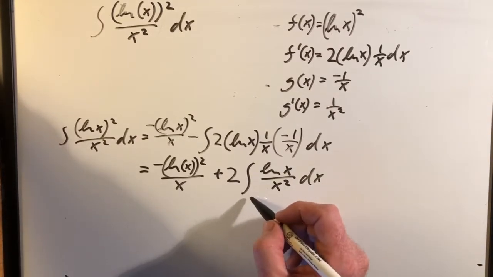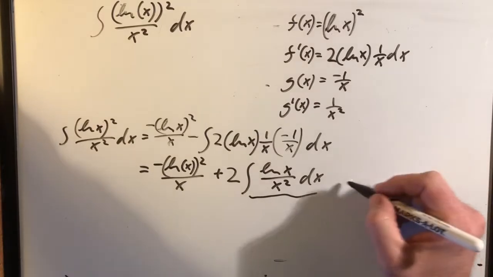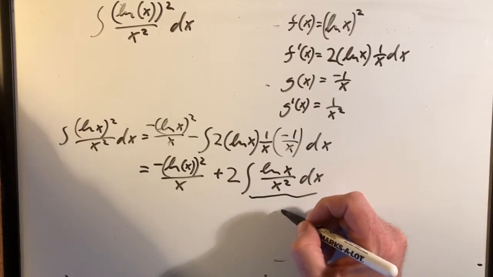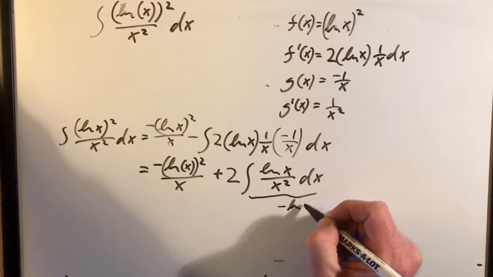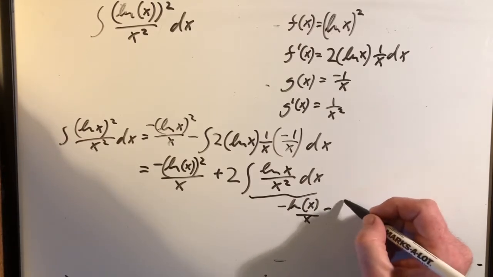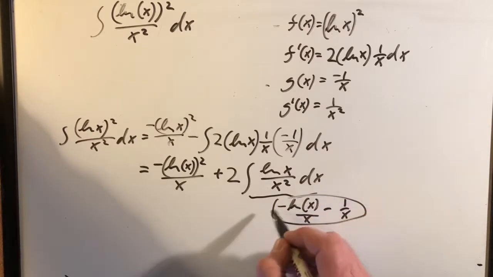If you remember from the problem that I just solved, we already know that answer. That one is equal to, let's see, negative ln x over x minus 1 over x. So that is that first answer there.